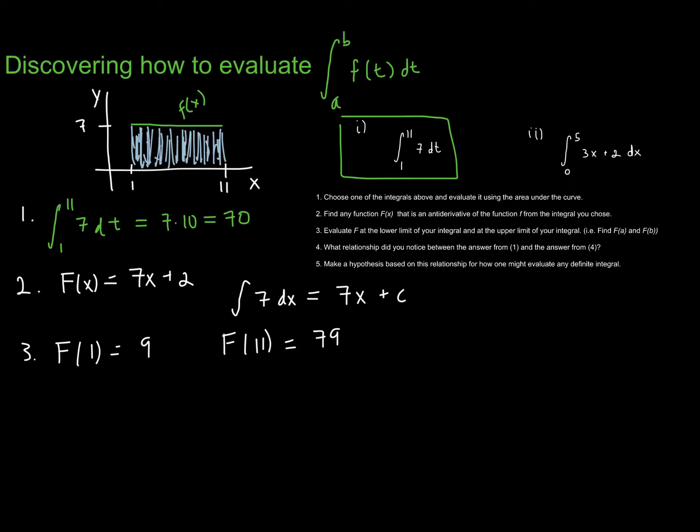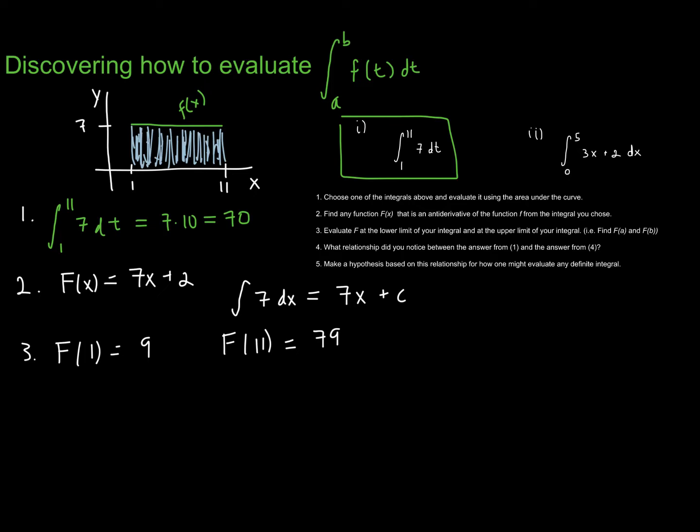Now, I want to notice a relationship between the answer that we got evaluating our definite integral in part 1 and the answer that we got here in part 3. What you might notice is that the difference between capital F evaluated at 11 and capital F evaluated at 1, the limits of my integration, is going to be exactly equal to the value of my definite integral.